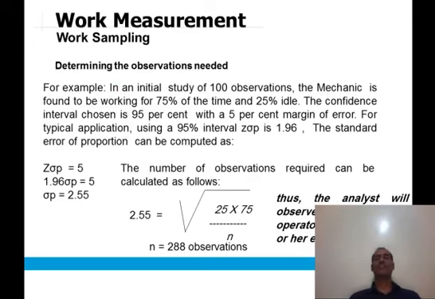For example, in an initial study of 100 observations, the machine or the operator is found to be working for 75% of the time. This is the running time, and 25% is idle waste time.